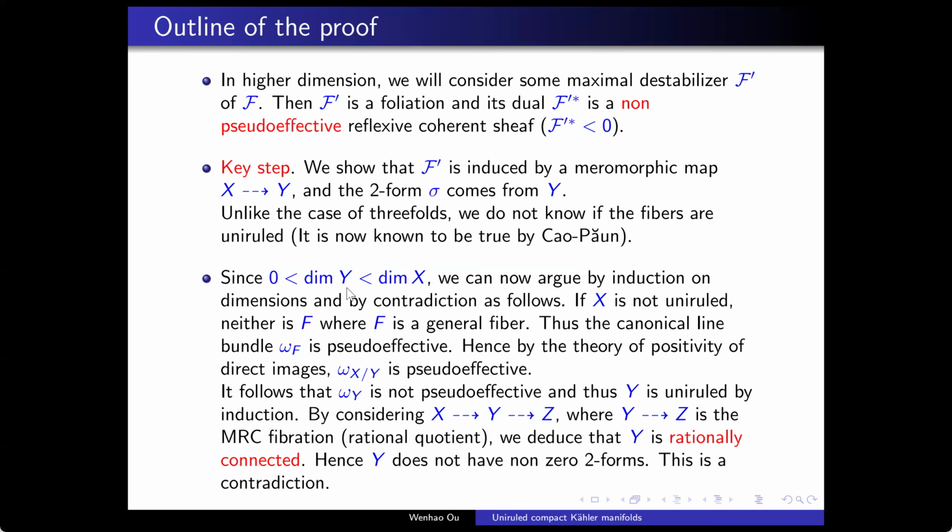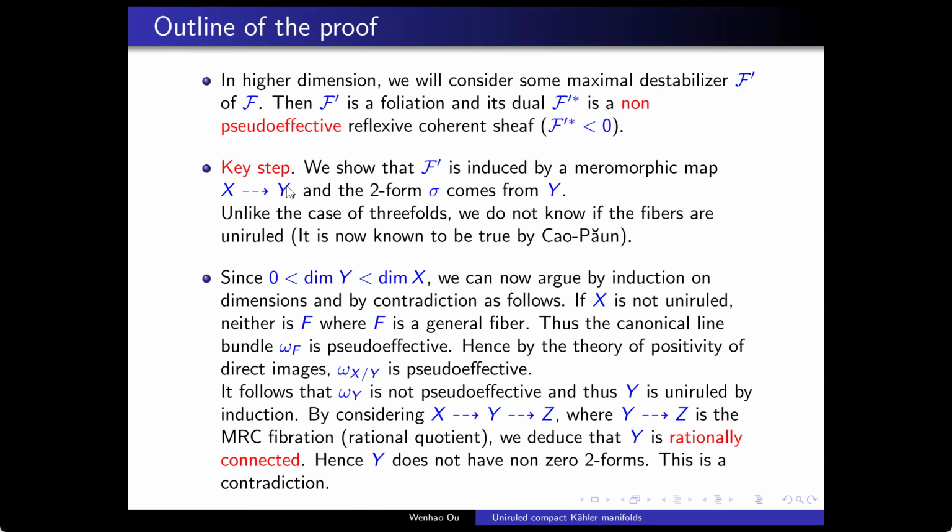So the dimension of Z is between 0 and X. So I repeat the same argument again. I will see that omega Z must be non-pseudo-effective and Z must be uniruled. But this is impossible because the base of the MRC fibration will not be uniruled thanks to the Graber-Harris-Starr theorem. So Y is rationally connected.